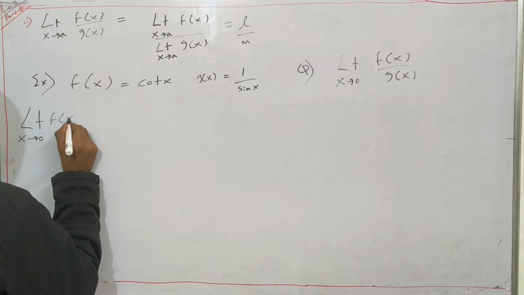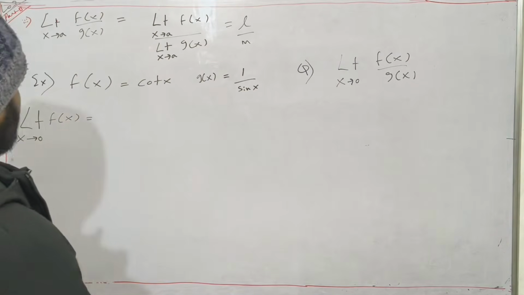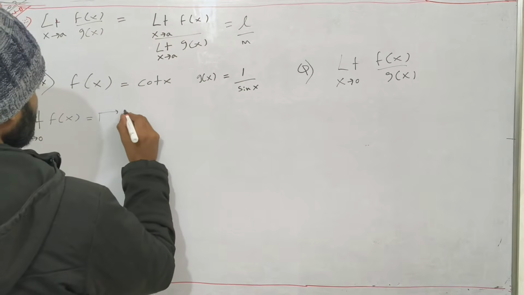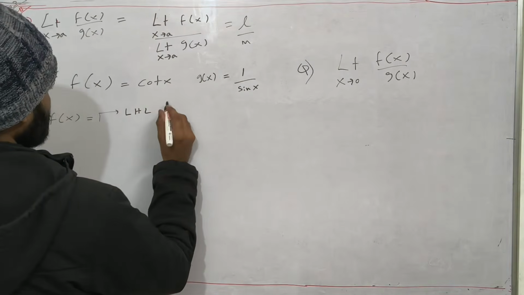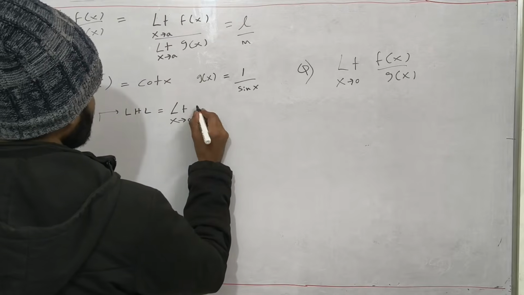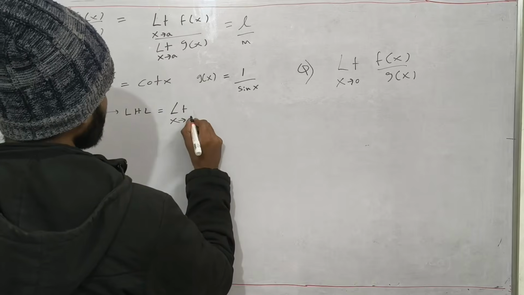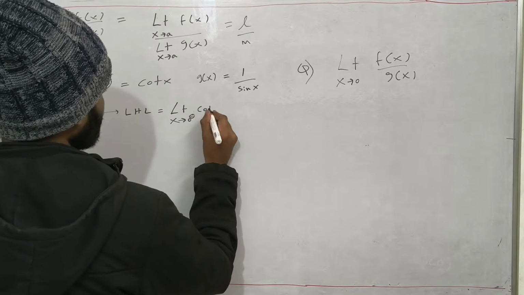f of x equals to, let's find the left hand limit first. Left hand limit equals to limit x tends to 0 minus cot x.